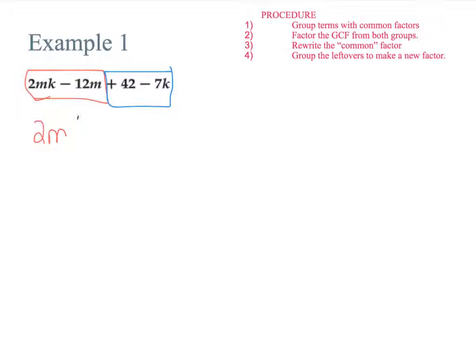When I factor the 2m out, I'll get k minus 6. Then I put my plus sign, and now I find the greatest common factor of 42 minus 7k, which happens to be 7. I factor out that 7, so 42 divided by 7 is 6, and negative 7k divided by 7 is negative k.